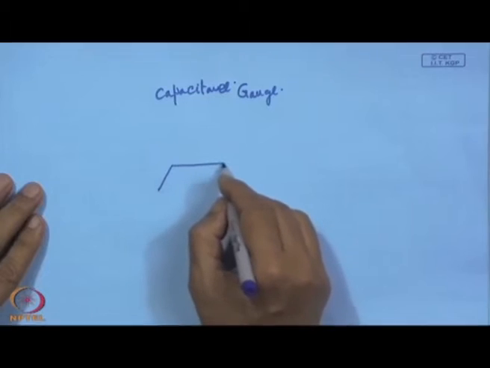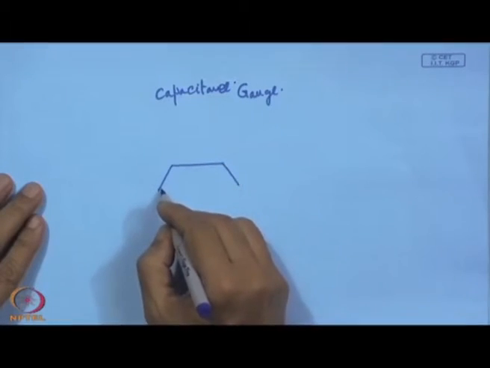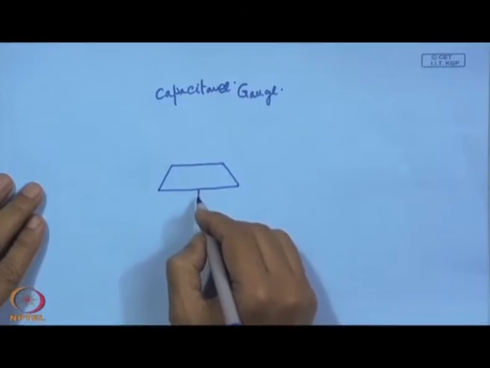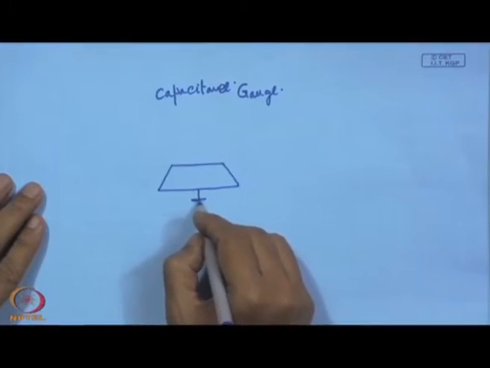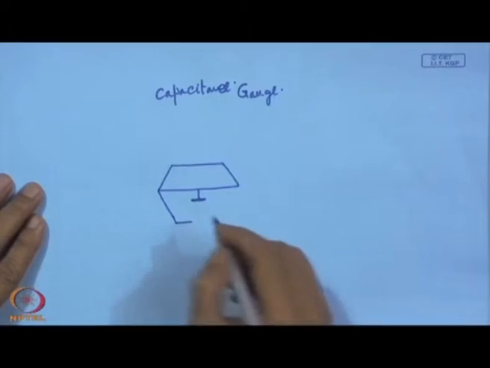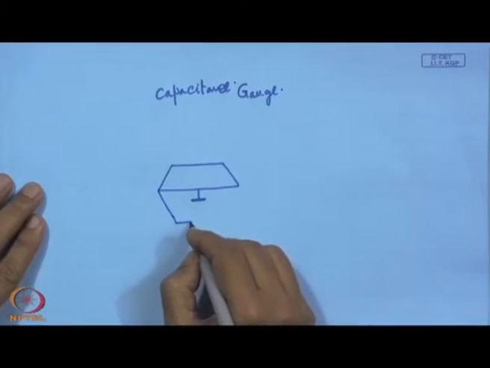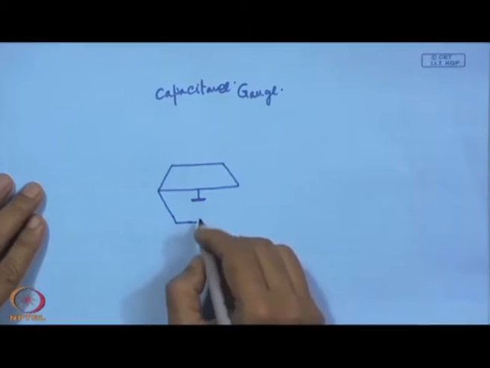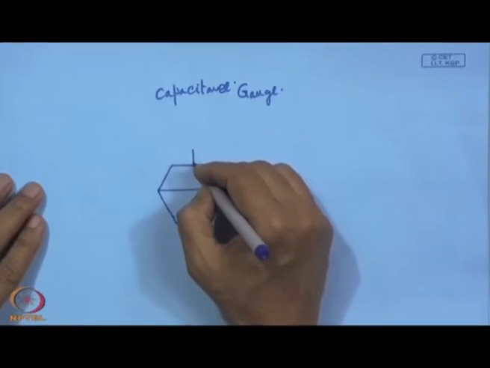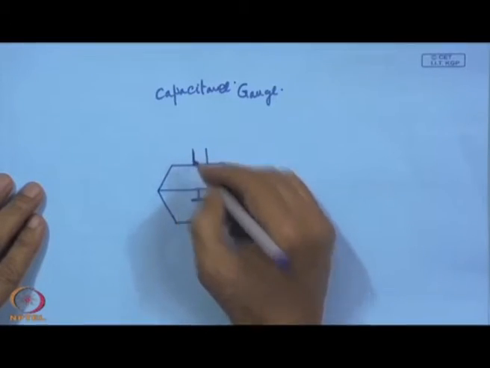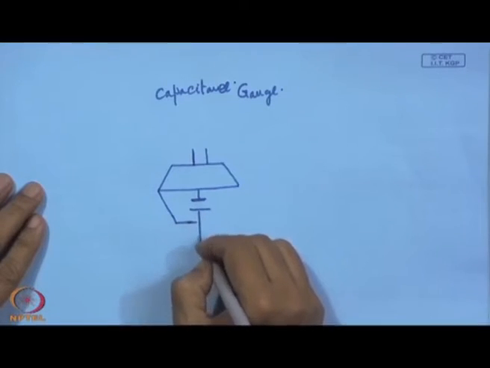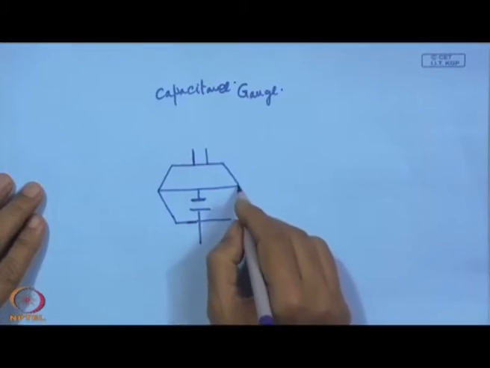That means, in this case, what we have here is one capacitor, one plate of the capacitor, and on this side, this is another plate, which is fixed on this side.